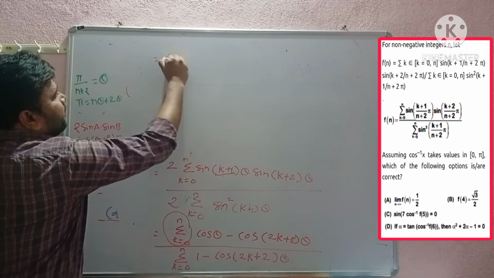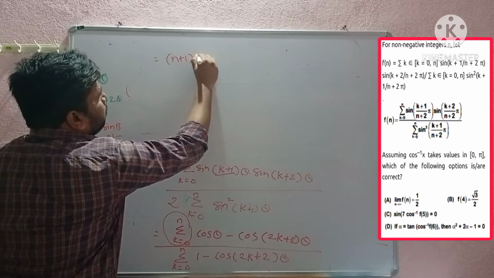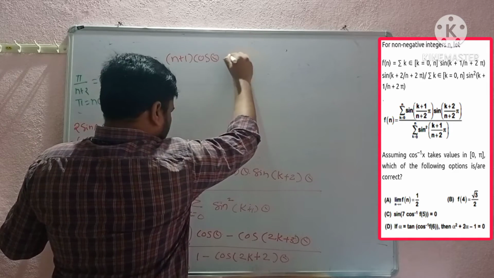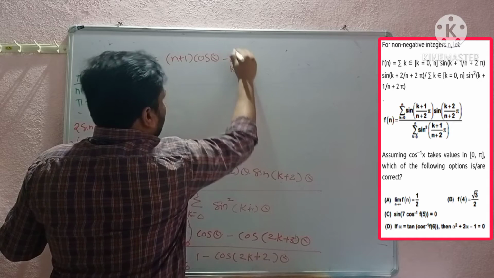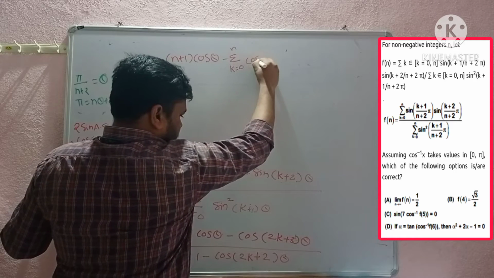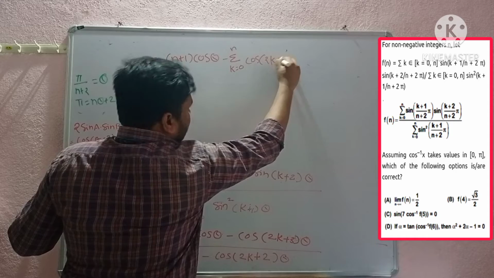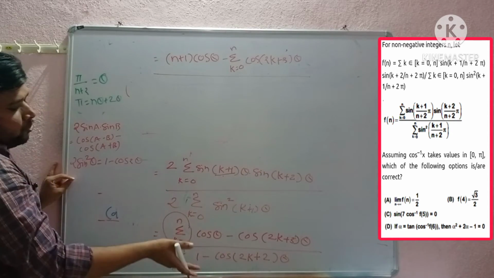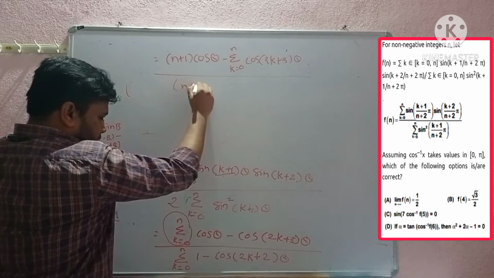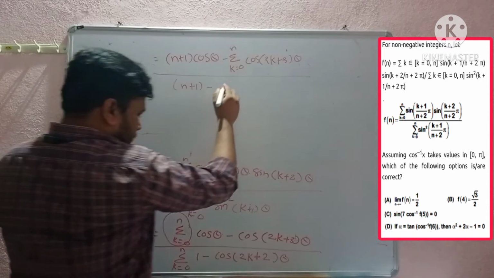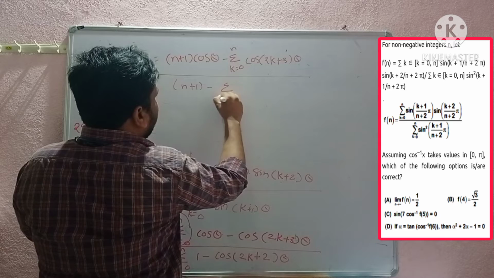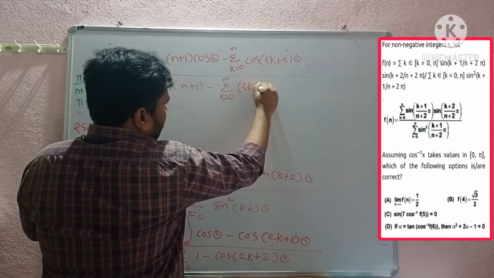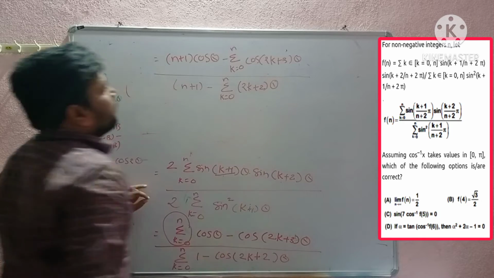So we will get (n plus 1) cos theta minus summation k is equal to 0 to n cos (2k plus 3) theta, upon, here you have to do a similar procedure, (n plus 1) minus summation k is equal to 0 to n cos (2k plus 2) theta.